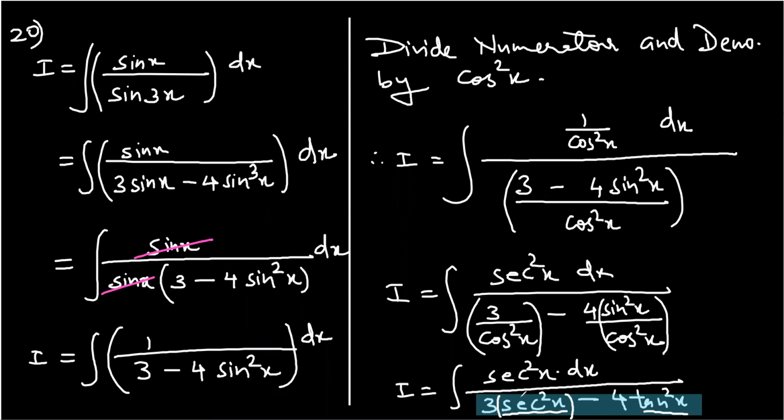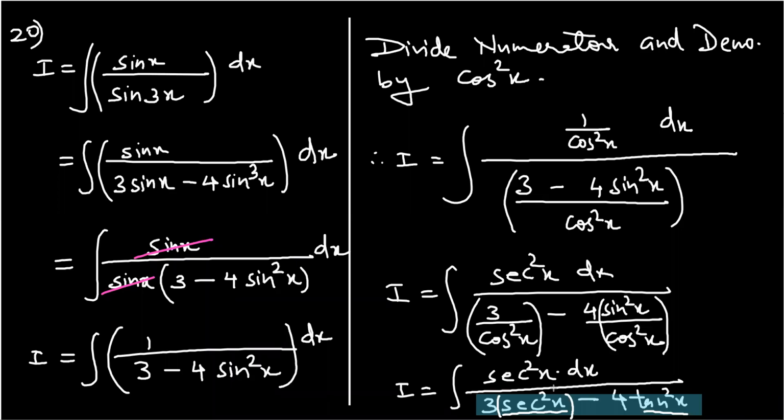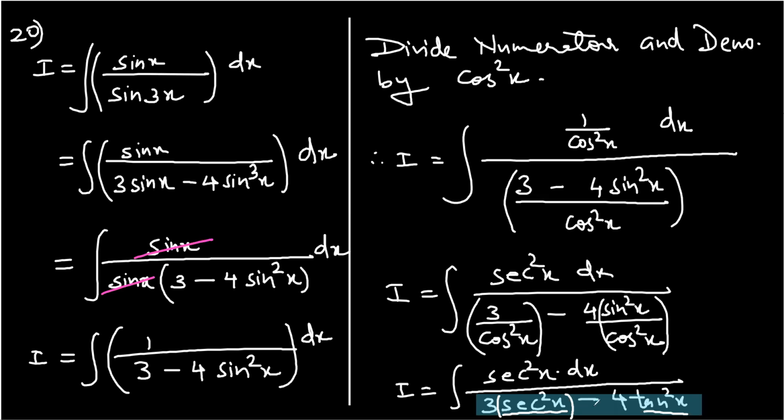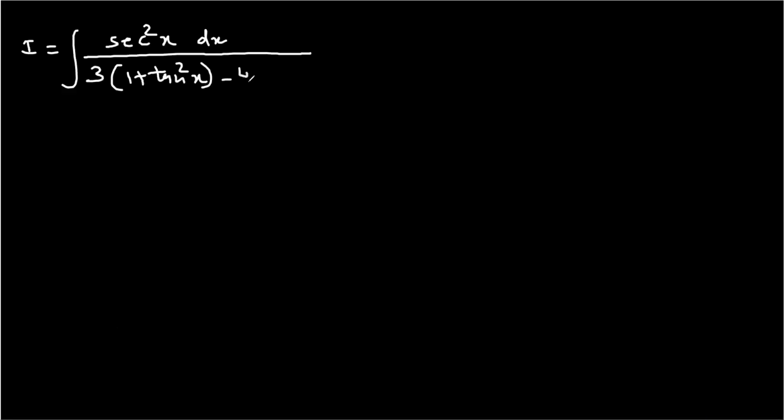After that, once you get everything in tan, you can always integrate this. So I have I equals to sec square x dx over 3 into 1 plus tan square x, where this 1 plus tan square x is being written for sec square x, minus 4 tan square x.